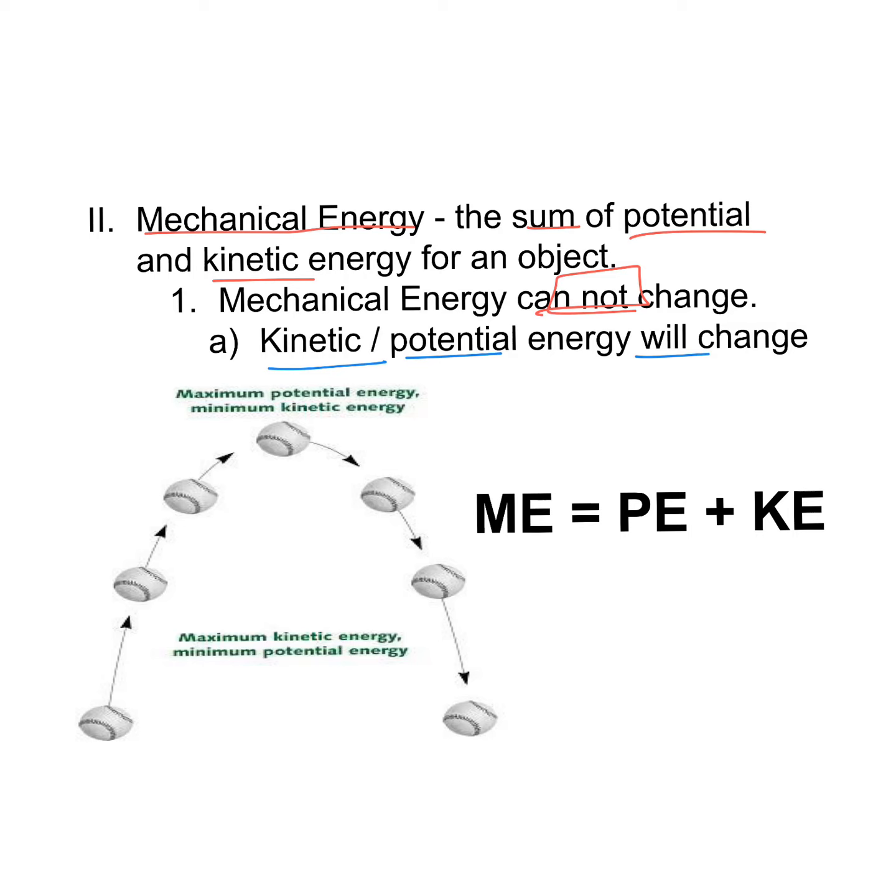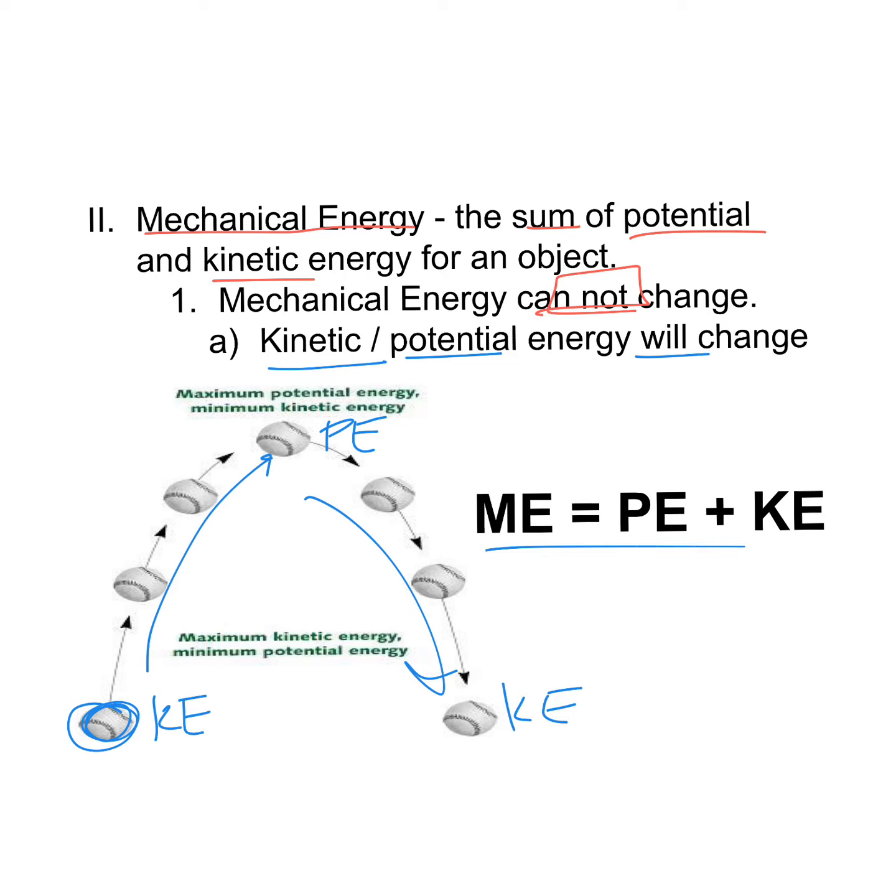So down here, we have all kinetic. As the ball goes up, we're losing kinetic, it's slowing down, and we're gaining potential. Up here we have all potential. And then as we go back down, we're losing potential and we're gaining kinetic. So we're going to use this equation: mechanical energy equals potential energy plus kinetic energy. The main thing is that this does not change.